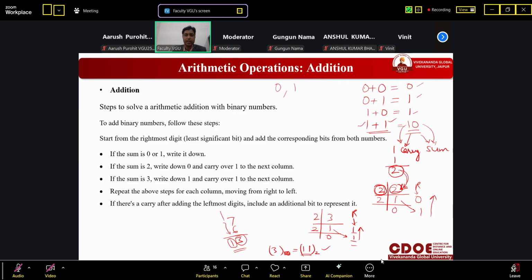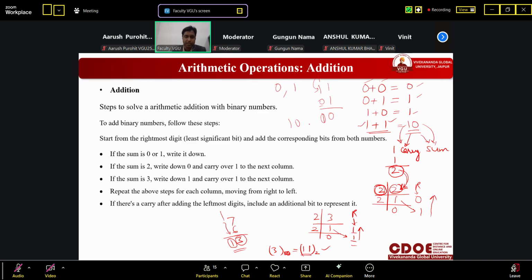So whenever you add these numbers, 0 0, 1 0, 0 1, 1 1, you have to do like that. So 1 plus 1, so sum is 0, carry is 1, and carry will be written. Suppose here these two numbers are already there. So 1 plus 1 is 1 0, plus 0 will be 1 0 again.